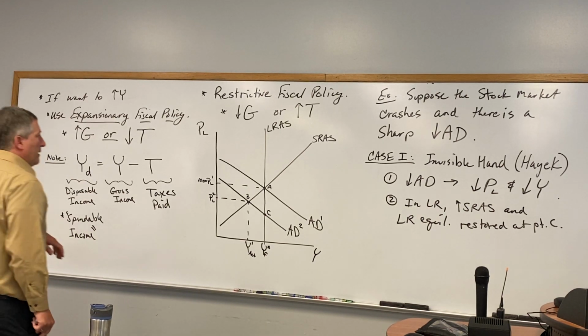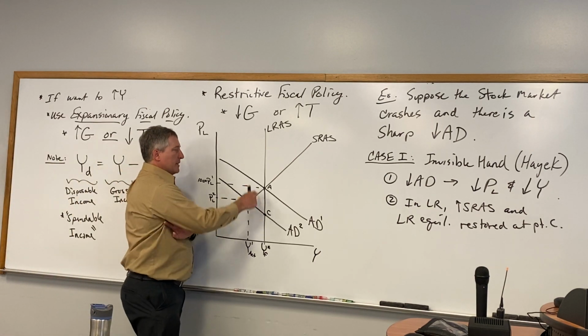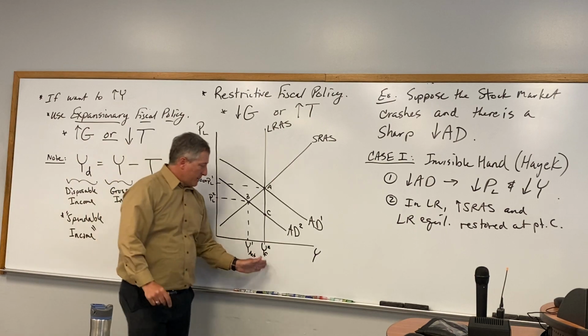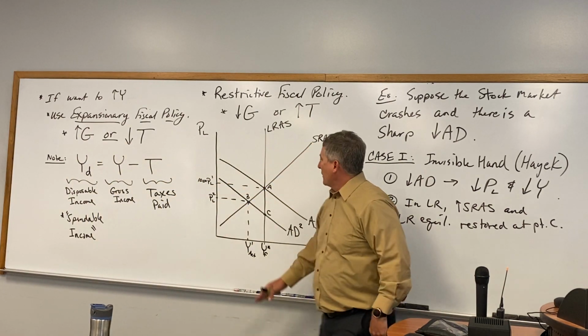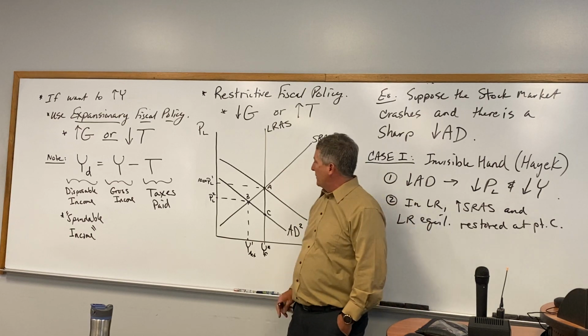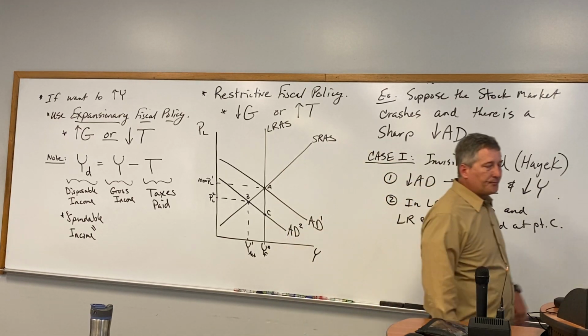But the path of the economy with the invisible hand is pretty much A to B to C. We need to get back to the full employment level. The new aggregate demand curve shows the intersection of the two, and away we go.